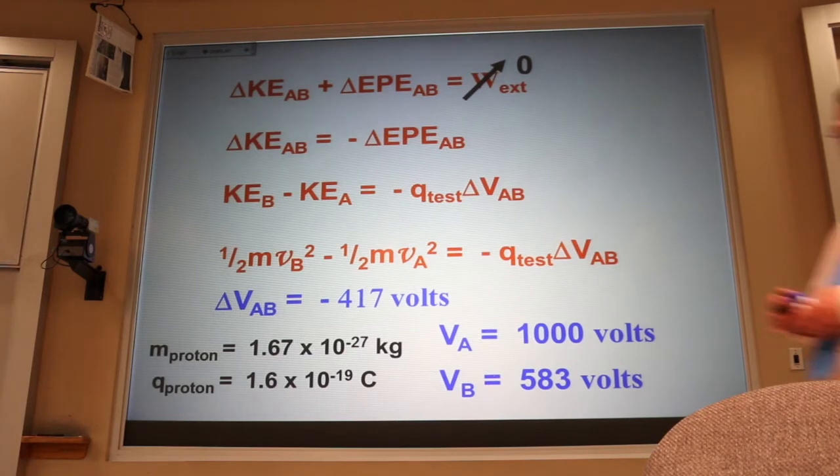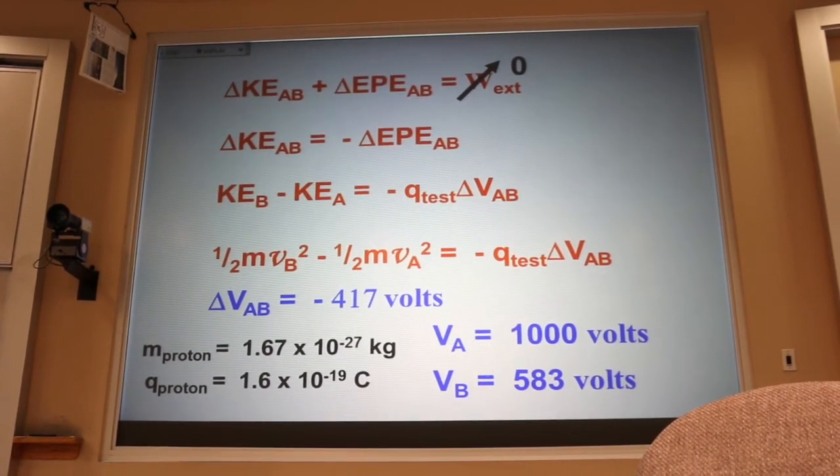Well, we went and found the kinetic energy. We found the kinetic energy.